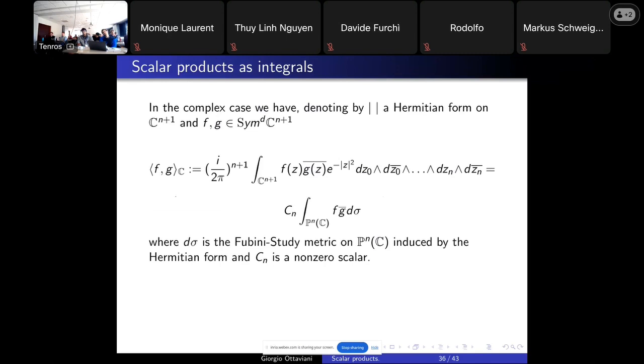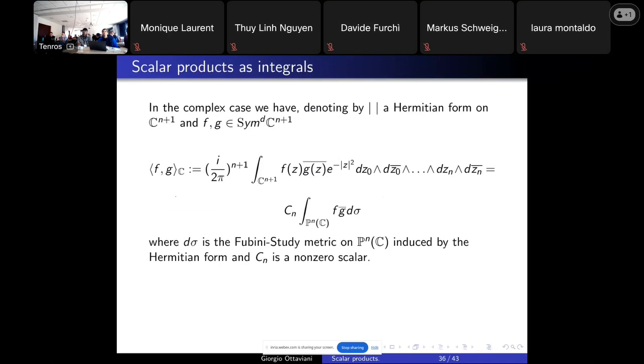And in order to be sure of convergence for polynomials, you have to multiply by some exponential. This behaves well not only for polynomials, but for all functions which have polynomial behavior at infinity. This converges. And there is a feature of this product: it is unitary invariant.